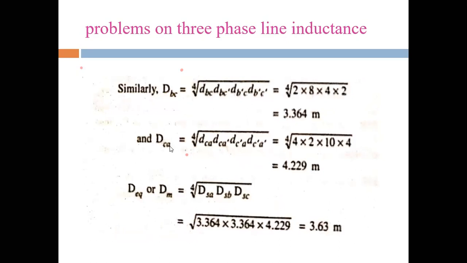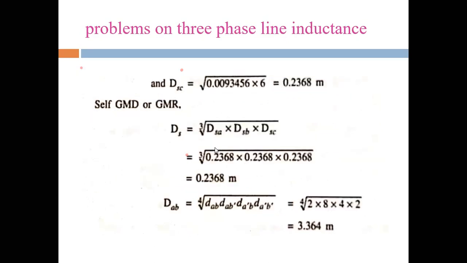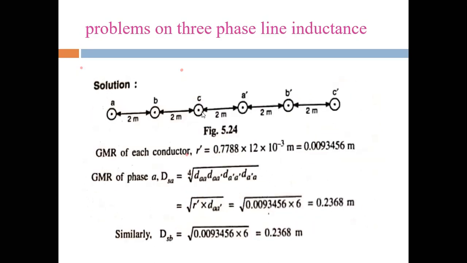In the same way we calculate DCA. The formula is the fourth root of DCA, DCA dash, DC dash A, DC dash A dash. What is the distance between C to A?